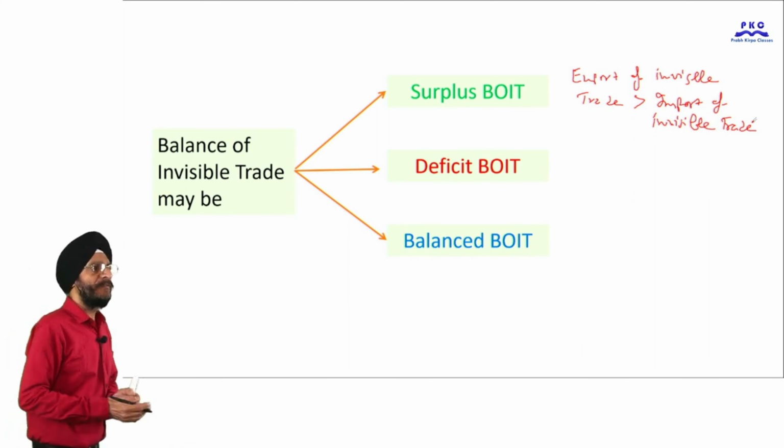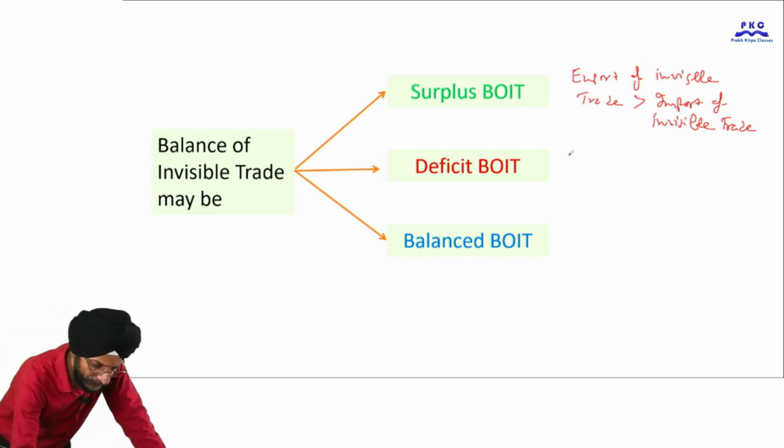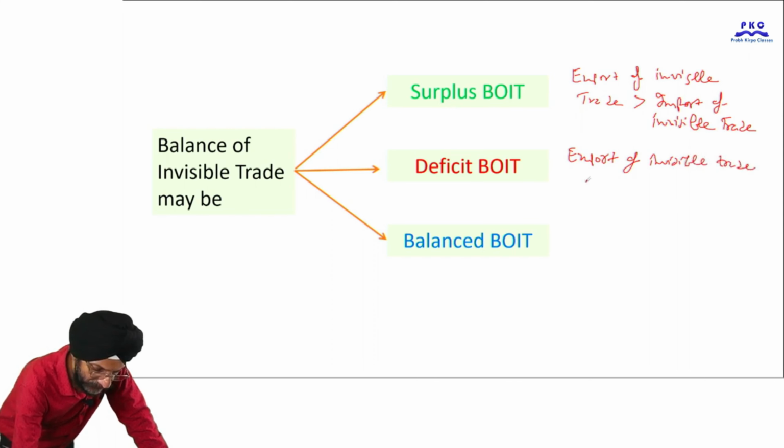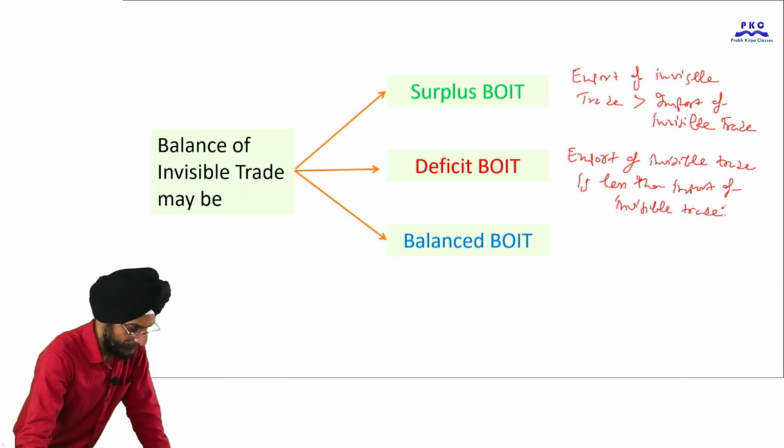Deficit balance of invisible trade occurs when export of invisible trade is less than import of invisible trade.